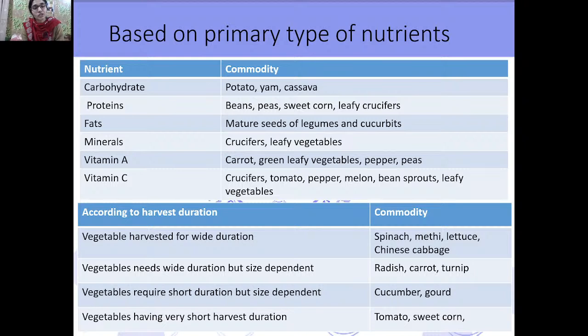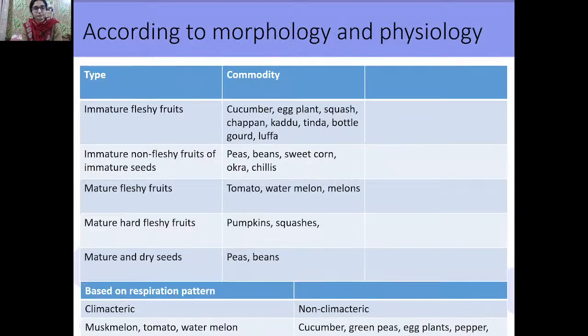They are asked on the basis of the predominant type of nutrient present in the fruit or vegetable. Then according to the duration of the harvest, meaning whether it takes a wide duration, a short duration, or a very short duration, the commodities are also classified according to this harvest duration.